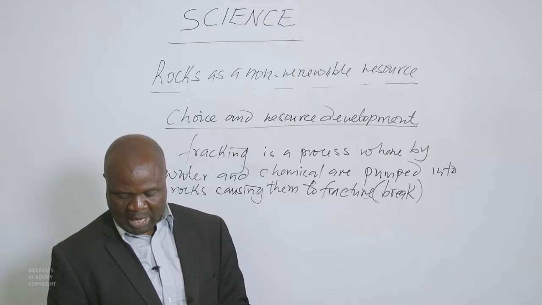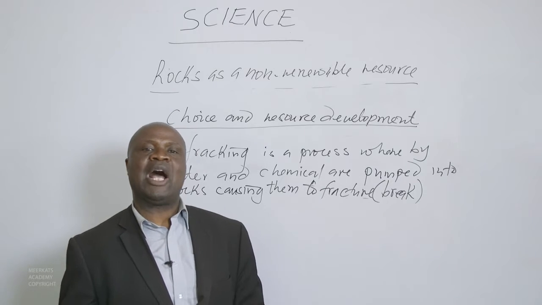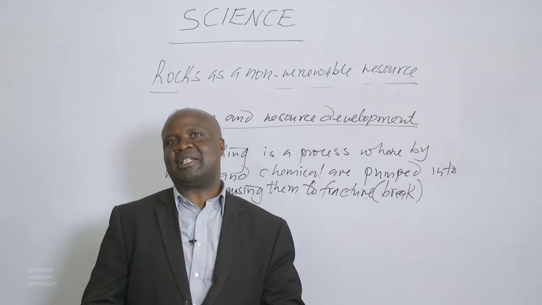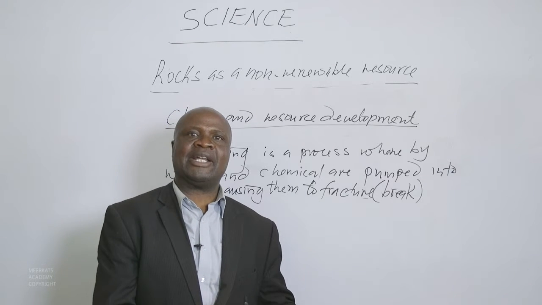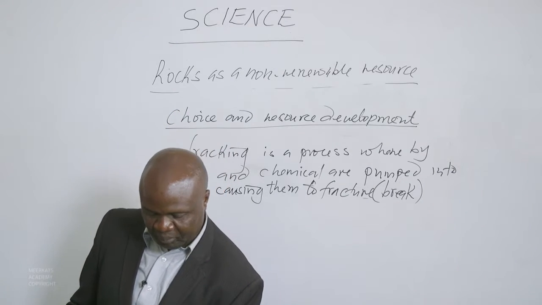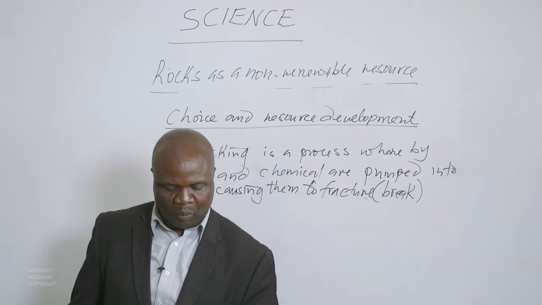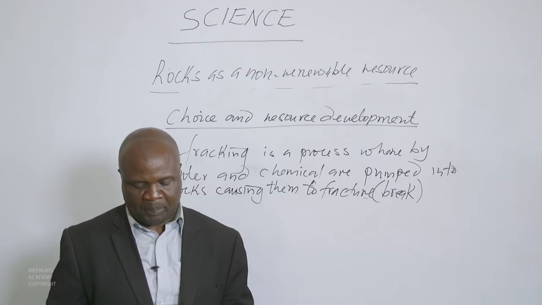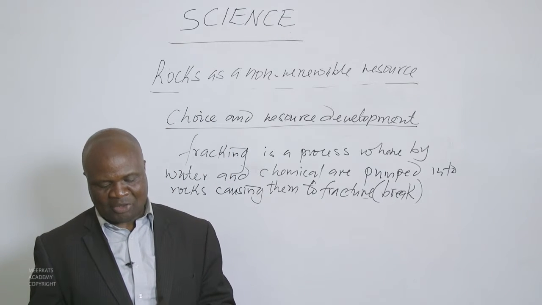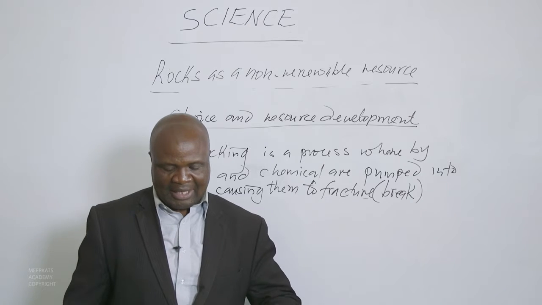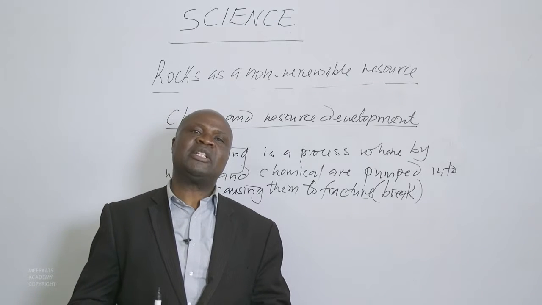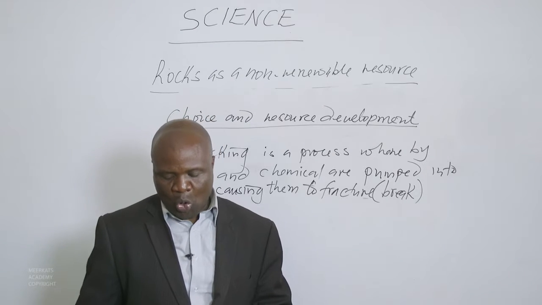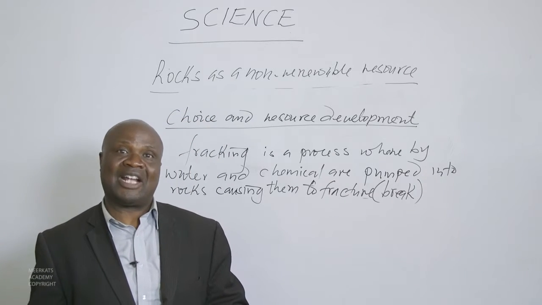Now, when we talk of burning coal, coal has been used as a source of energy in most countries. The danger with coal burning is that when you burn coal, a gas called carbon dioxide is emitted, and when it is sent into the atmosphere, it causes the warming up of the Earth's atmosphere.